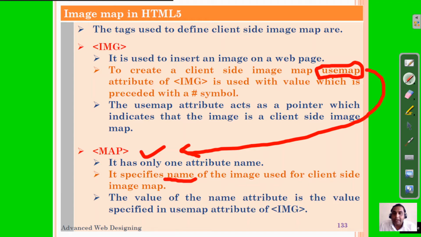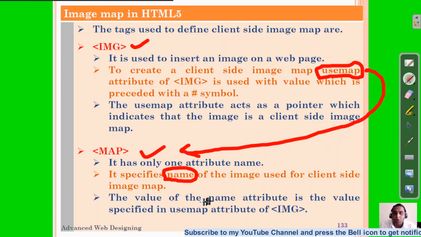Map has only one attribute, that is name. It specifies the name of the map used for client-side image mapping. We give a name to a map, and with the help of that name, I point to it with usemap for the image.